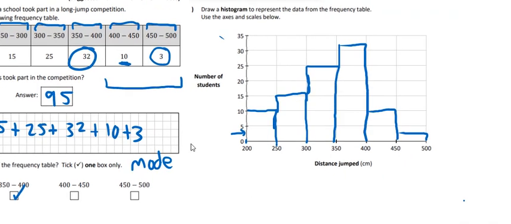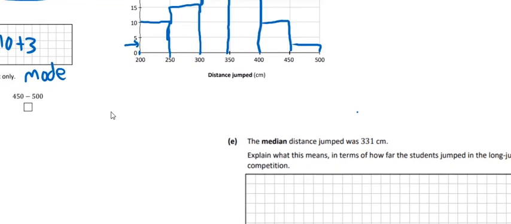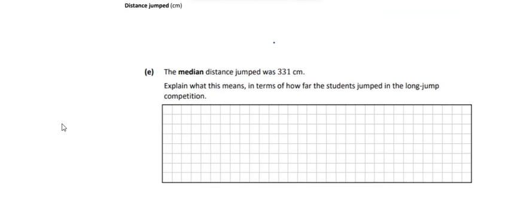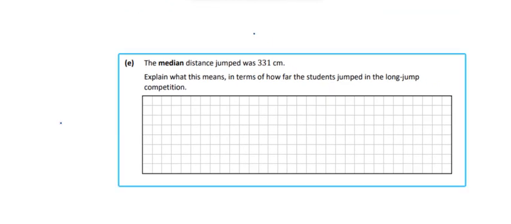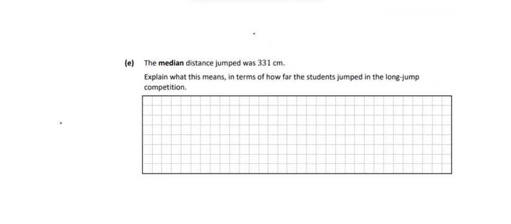So the last part of this question then asks us, so it's about the median. The median distance jumped was 331 centimeters. Explain what this means in terms of how far students jumped in the long jump competition. Think about it. If you had all of the distances that each of the students had written out in a big long list, the median would be the one that's in the middle.